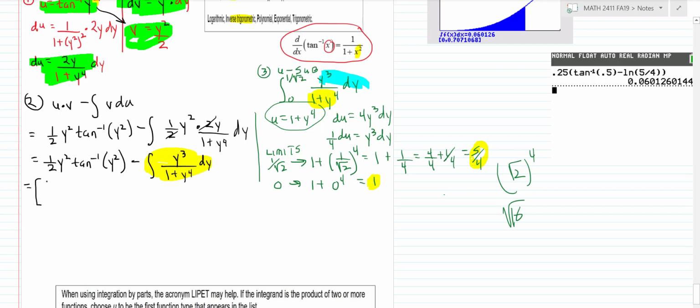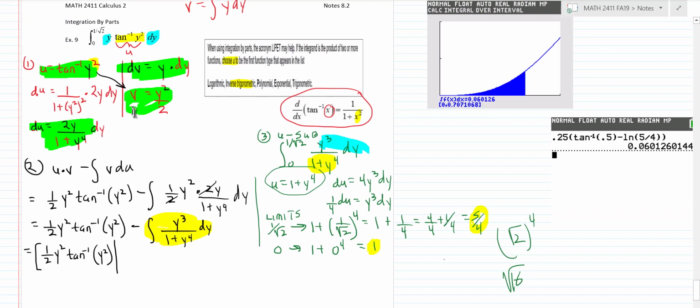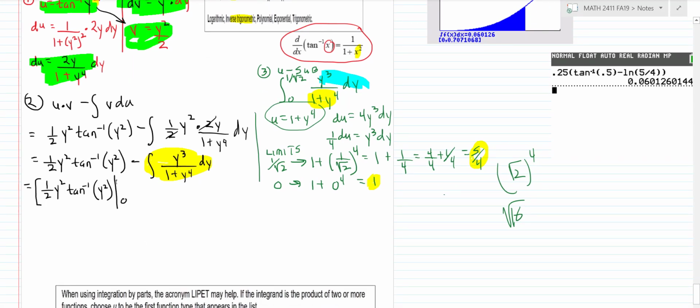So let's write down the 1/2 y to the second inverse tangent of y to the second, and then that's going to be evaluated from 0 to 1 over square root of 2. Okay, like that. And then this part right here, our u-substitution on this is just going to be this.